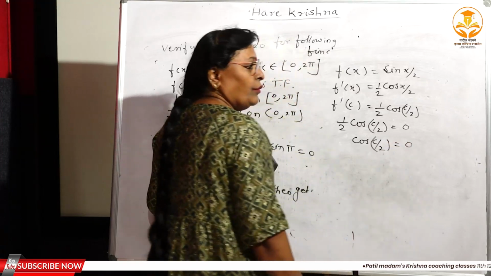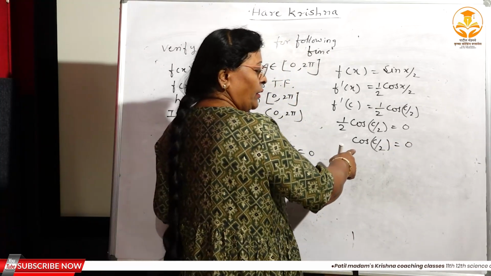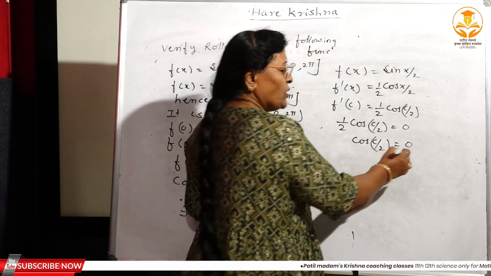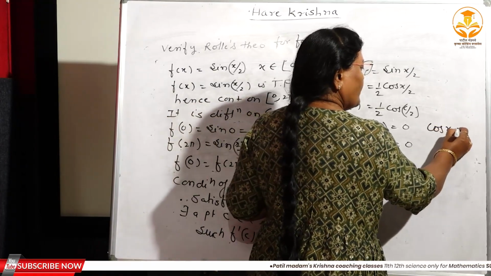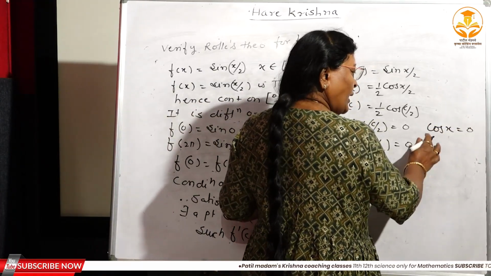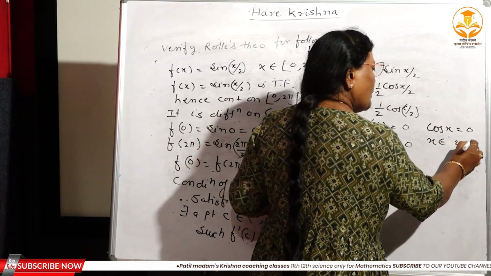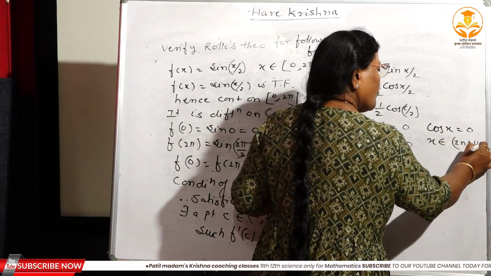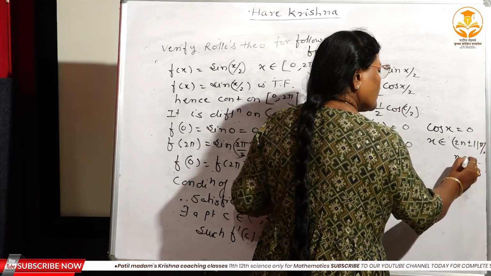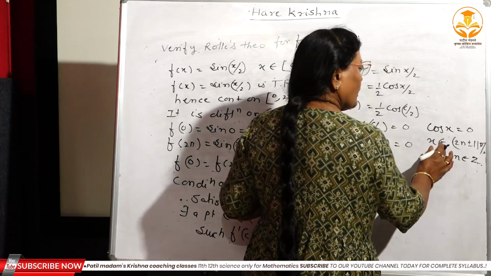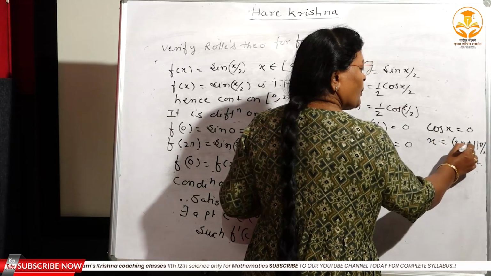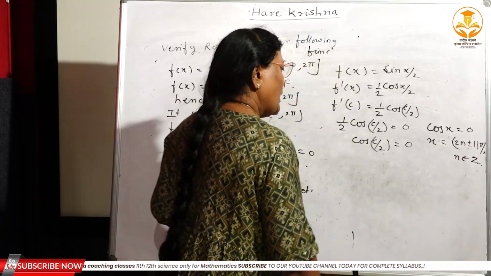When you divide by 1 by 2, you have got cos c by 2 equal to 0. Now what should be the value here for which cos x is equal to 0, right? Cos x is equal to 0 for x is equal to 2n plus minus 1 into pi by 2, isn't it?